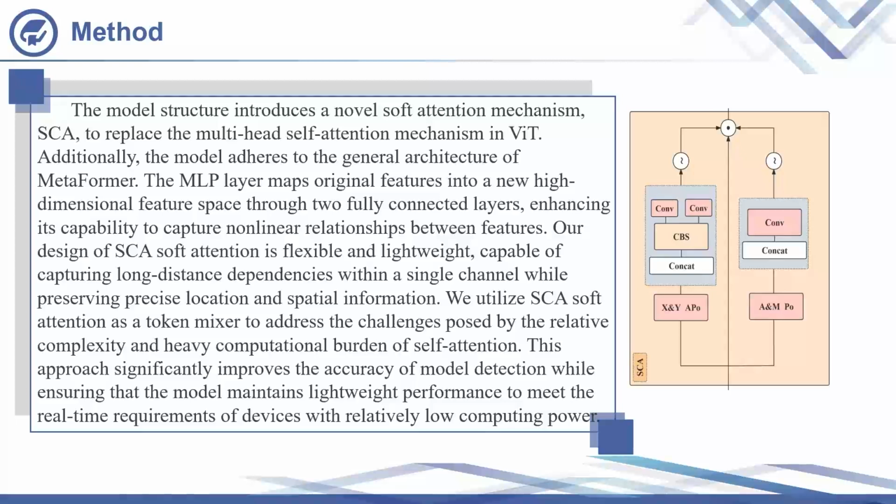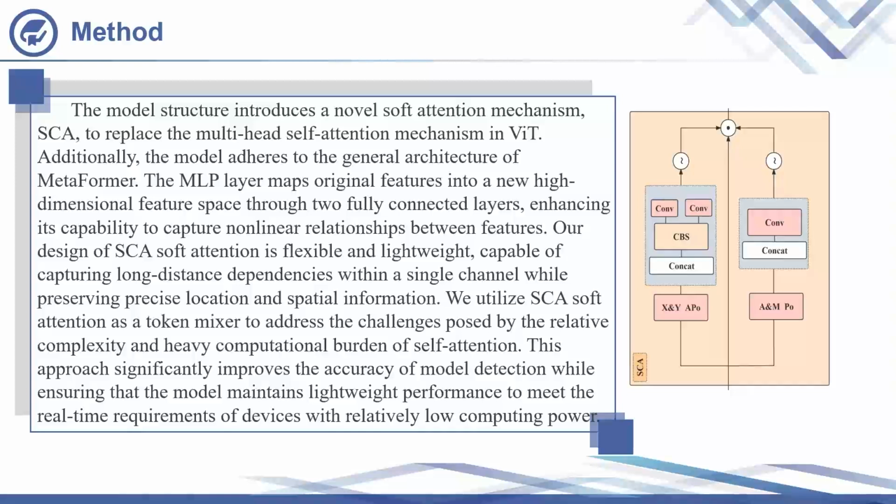The MLP layer maps original features into a new high-dimensional feature space through 2 fully connected layers, enhancing its capability to capture nonlinear relationships between features. Our design of SCA soft attention is flexible and lightweight, capable of capturing long-distance dependencies within a single channel while preserving precise location and spatial information.